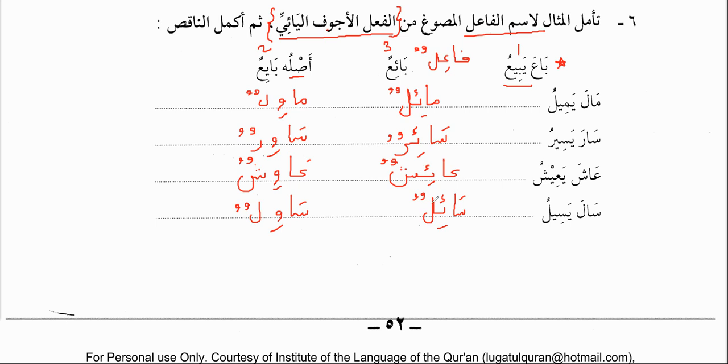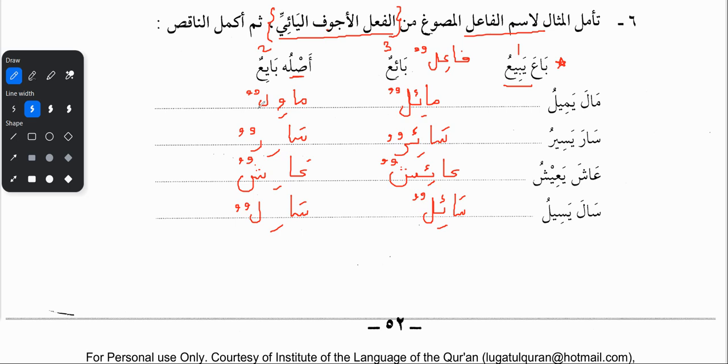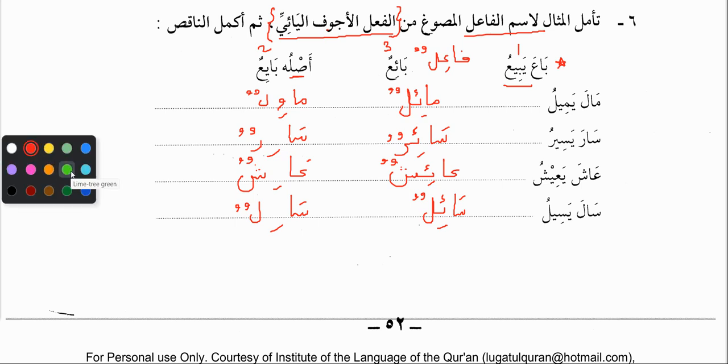So the structure of the ismun file is similar here, but these are the fails which change to ya in the present tense and in the original letter. As you can see here, ba'iyun. And I'm so sorry, I again made a mistake here. It's not wow. It will change to ya actually. So I will take a different color here.